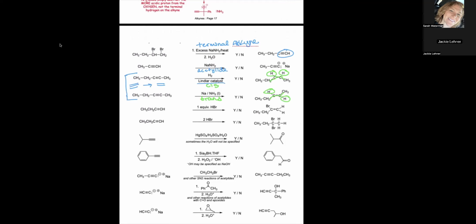Going back to the second one for a second, with the acetylide: does NH2 always just create the acetylide? Is that its whole function? Yeah, you're basically deprotonating this, and it's going on here and knocking this off, so this becomes a positive ion and this is a negative ion. That's its only function.